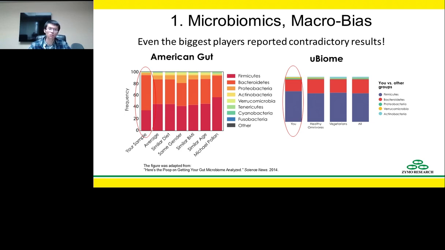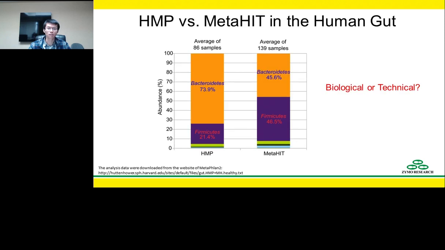The profile from American Gut says there's about 60% bacteroides, while the profile from uBiome says the bacteroides is only about 30%. This is the problem we need to overcome.